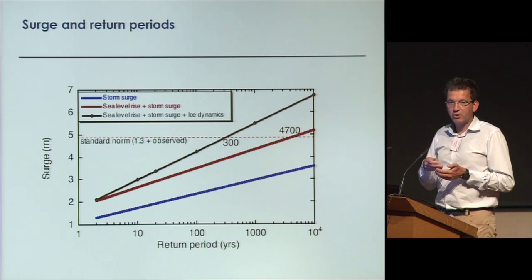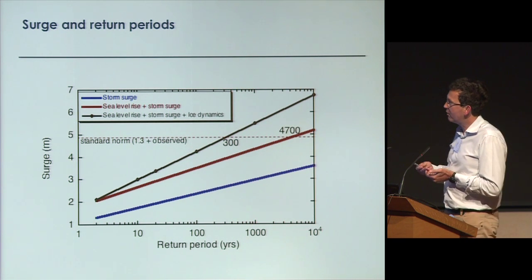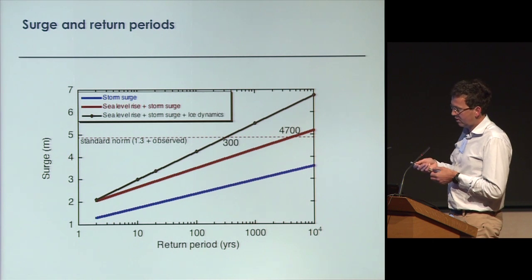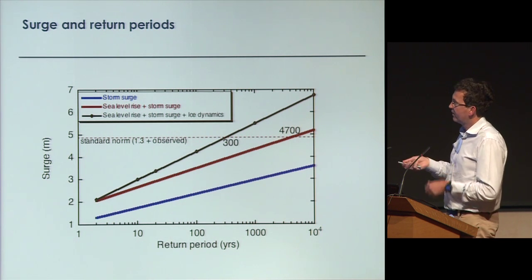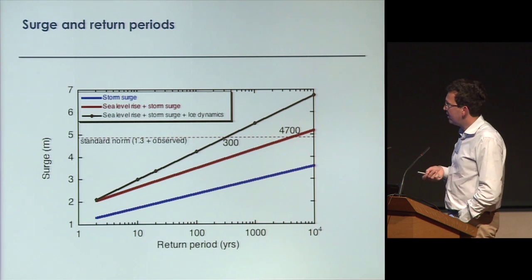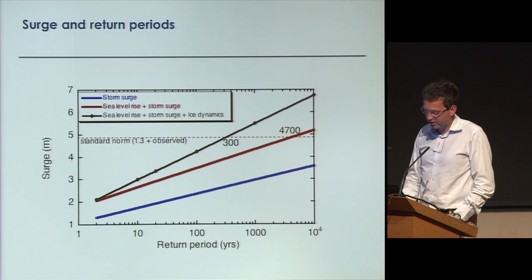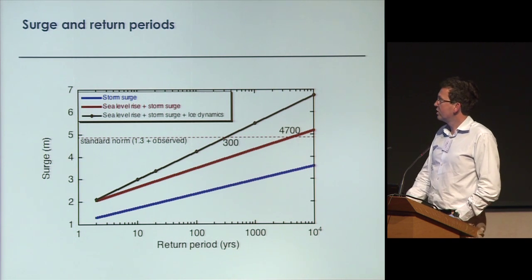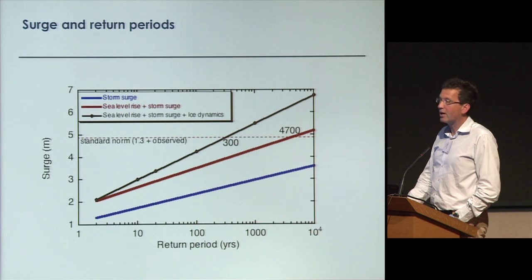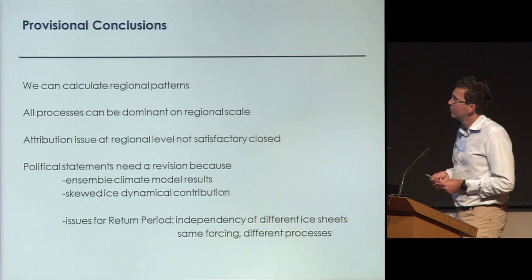And if you, on top of the uncertainty in the climate models, add the uncertainty which we have from the ice dynamics, in this case from the West Antarctic expert assessment, then your return period is going down dramatically. And that is, I think, something which we really have to start considering in more detail in our future work, because these 1 to 10,000 protection levels are not possible anymore, I think.